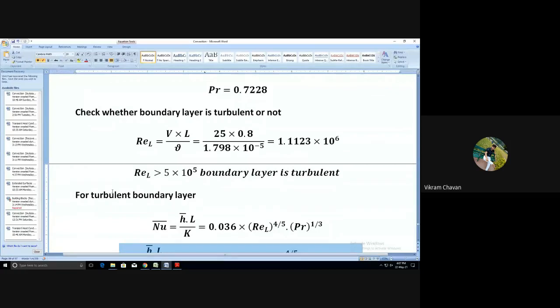Everyone do the calculation, and just put up your answer in the chat box. After getting your answer, just put up your answer in the chat box.